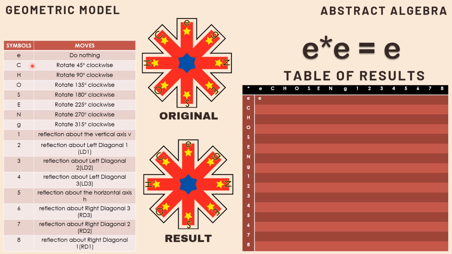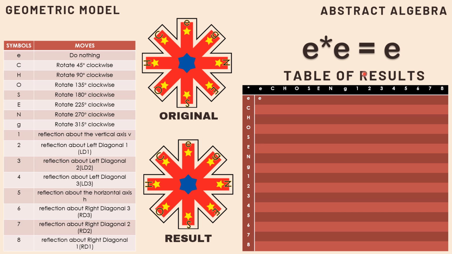E for do nothing, C for rotate 45 degrees, H for rotate 90 degrees, O for rotate 135 degrees, S for rotate 180 degrees, E for rotate 225 degrees, N for rotate 270 degrees, G for rotate 315 degrees, and 1 for reflection about vertical axis V, then left diagonal 1, left diagonal 2, left diagonal 3, horizontal axis, right diagonal 3, right diagonal 2, and right diagonal 1.